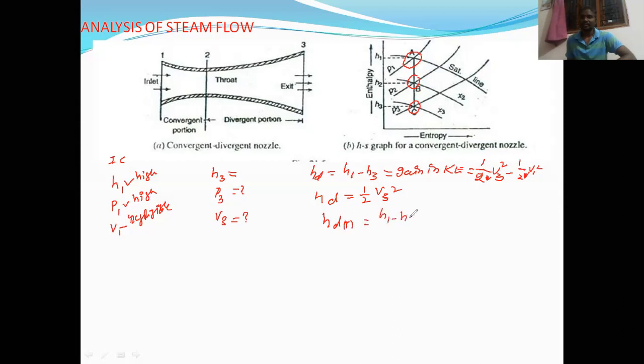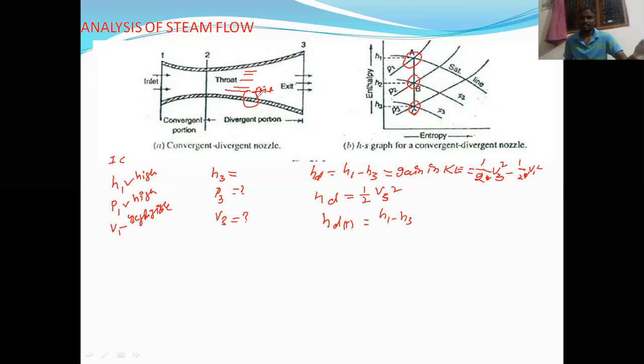But when steam is flowing through the nozzle, friction is offered. If these are the steam lines going through the nozzle, when they glide over the walls of the nozzle, friction will be offered, and because of this friction the steam will be added with some amount of heat.